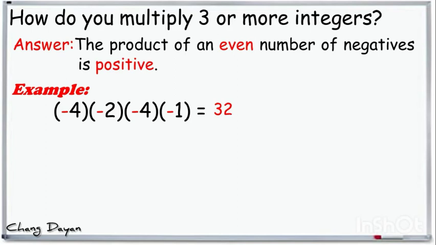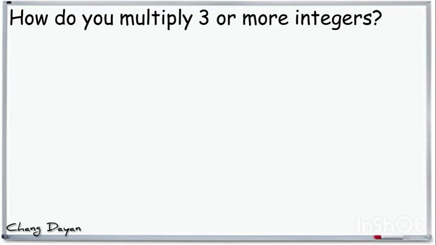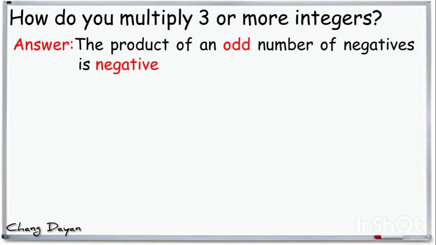Again, if the negative integer is even number, therefore the product must be positive. Otherwise, it is negative if the product has an odd number of negatives.